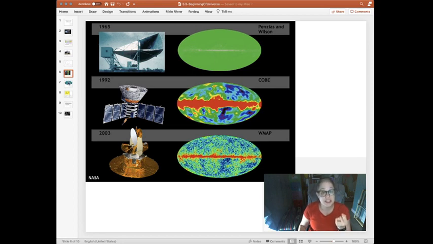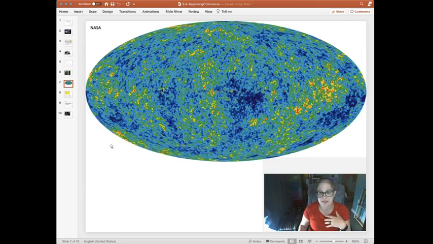And these fluctuations also match up with what you get theoretically from the Big Bang Theory and the model of the universe as we have it today. So this is without the galaxy. These teeny tiny fluctuations are the seeds of what would eventually become big matter structures in the universe, like galaxies and galaxy clusters and superclusters.